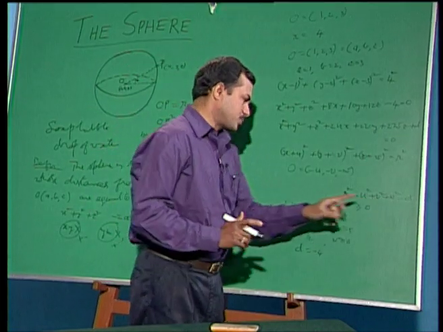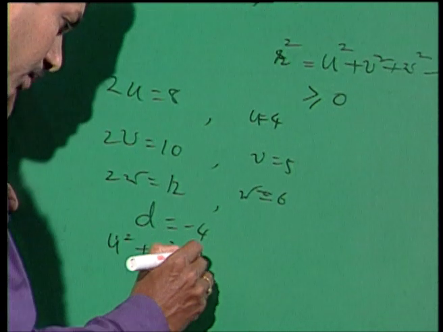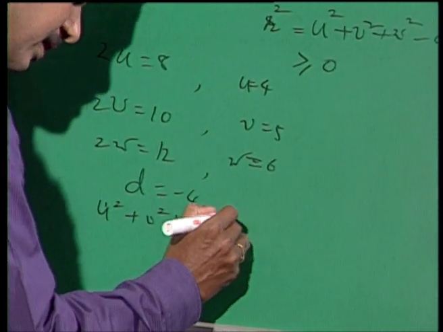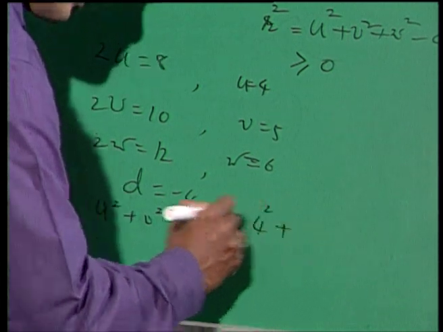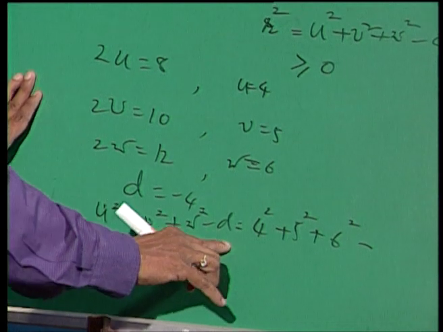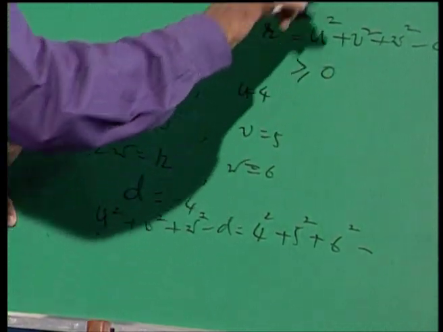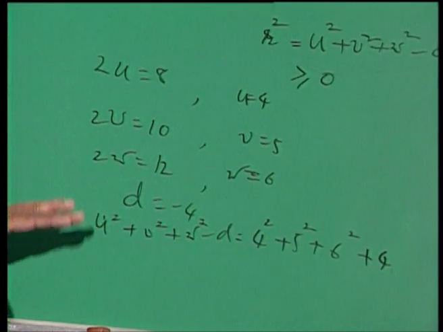Now, let us consider this expression, u square plus v square plus w square minus d, which is equal to 4 square plus 5 square plus 6 square minus d. d is minus 4, so minus becomes plus 4.